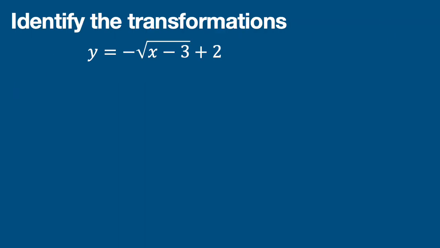Now, we have a function. You're gonna identify the transformation. So first step, you find the parent function. As you see, this is gonna be, guys, a radical, square root. So the parent function is y equals square root of x. Looking at this one, there is negative 3 and plus 2, which means you have to find the 3 transformations.